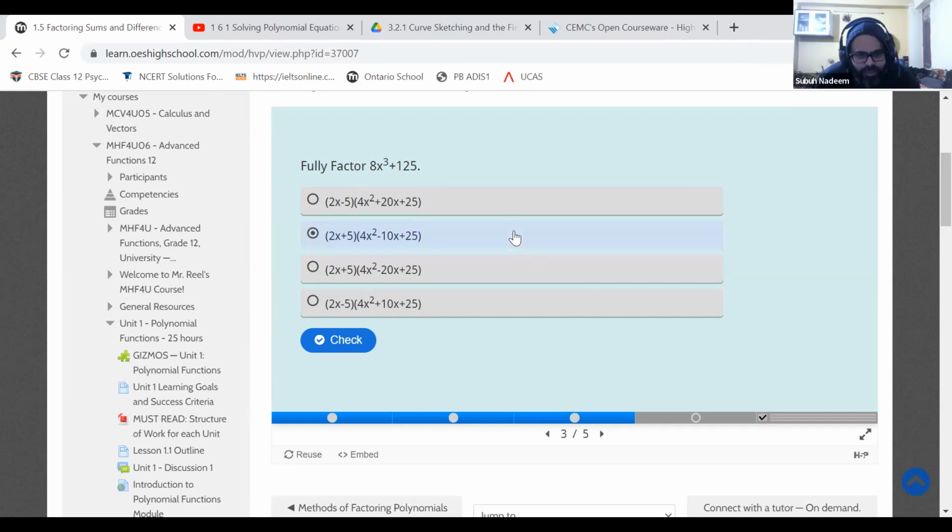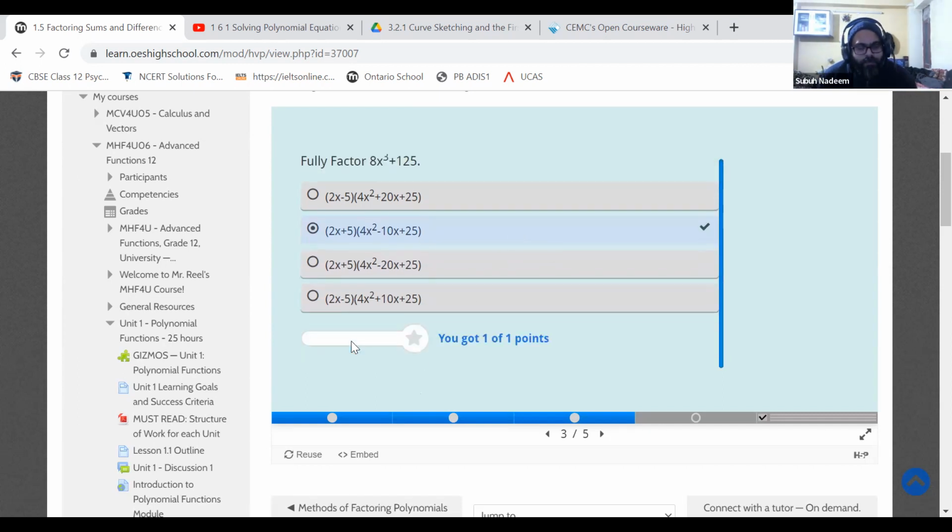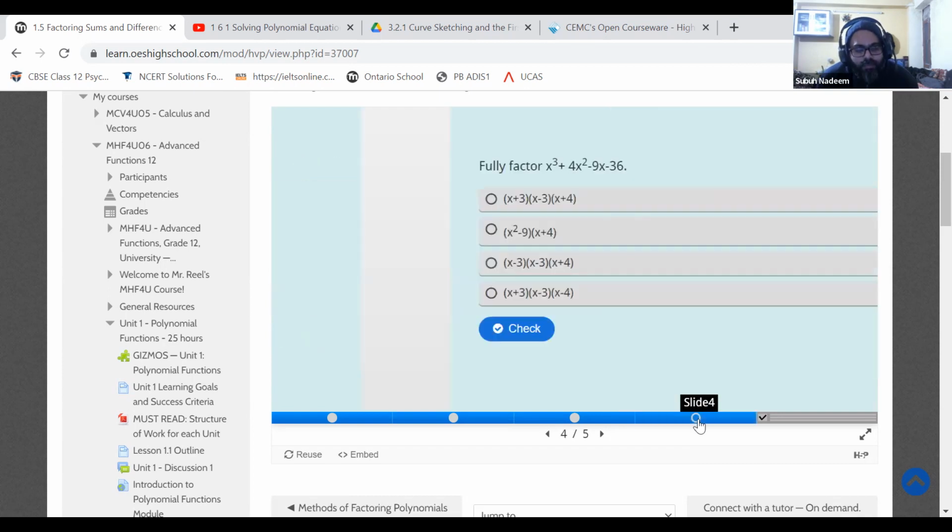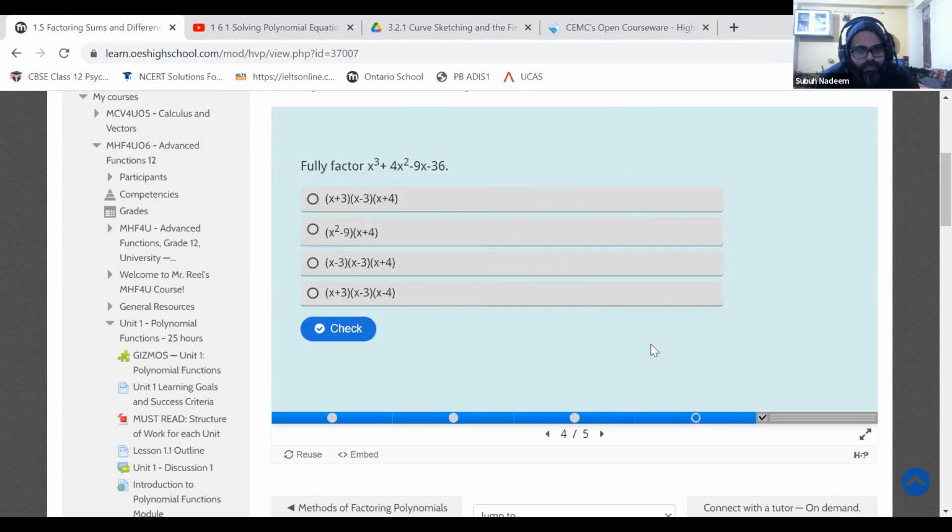Here you have to just see the sign. Yeah, correct. Second one. Here you have two options. Instead of solving from the option, you can check for which value it works.